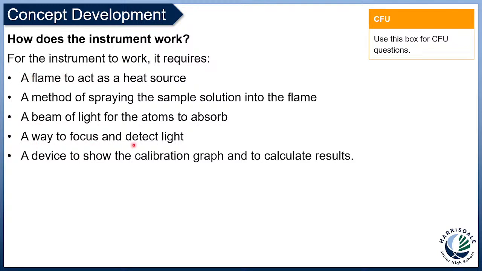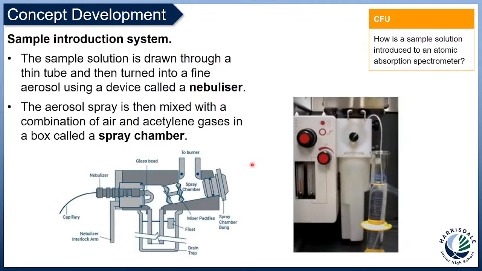You need a way to focus and detect the light. I'll show the diagram later. And a device to show the calibration graph. This is your detector, your computer that will spit out an absorbance value.